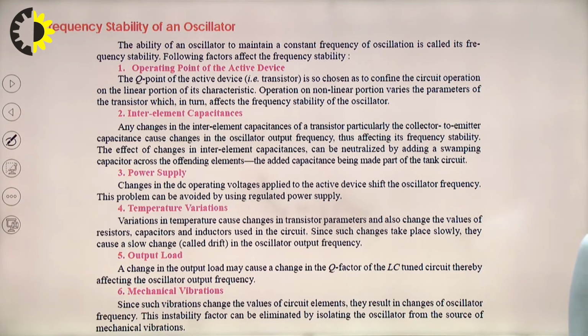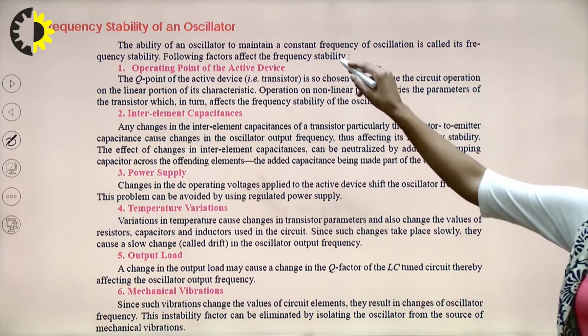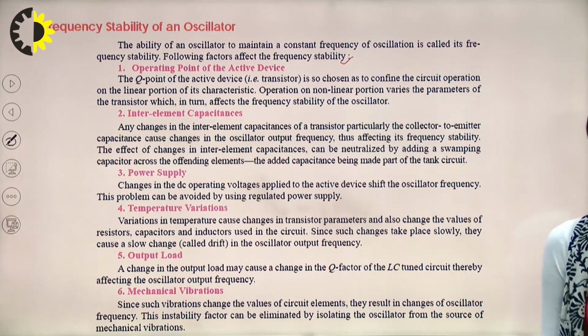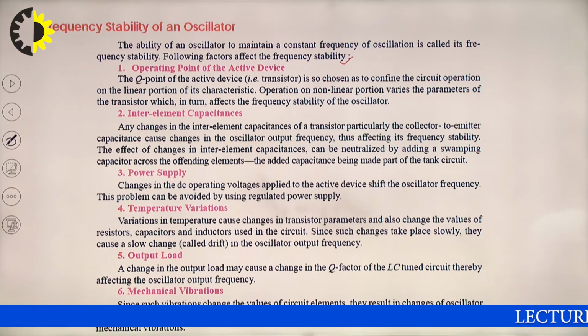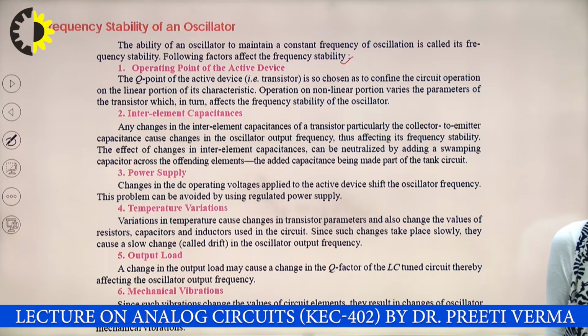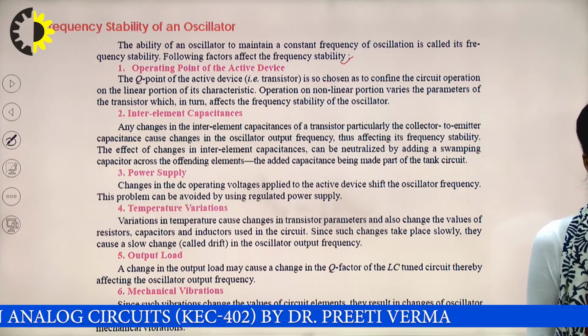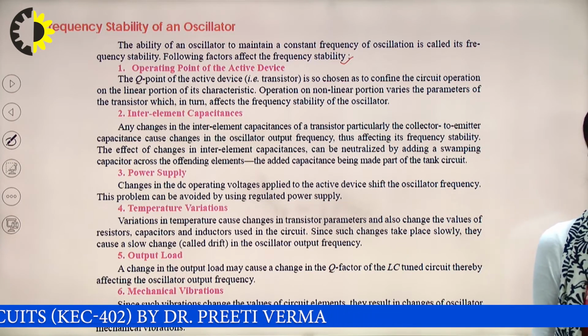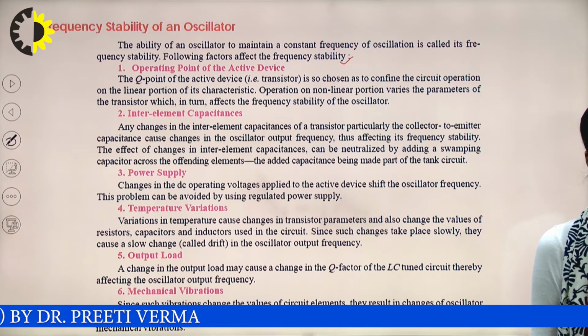So the ability of an oscillator to maintain a constant frequency of oscillation is called its frequency stability, and the factors that affect the frequency stability are the operating point of the active device, inter-element capacitances, power supply, temperature variations, output load, and mechanical vibrations.